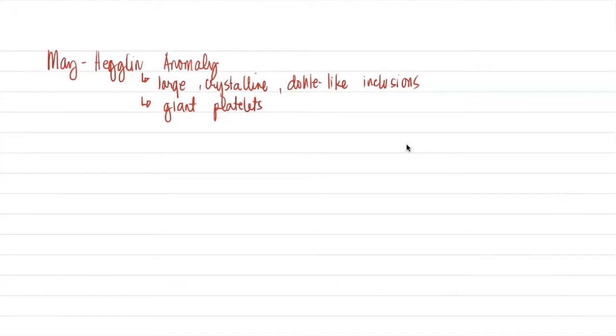So because the platelets here are giant, they are no longer counted as platelets, and we expect the platelet count to be decreased. These platelets are also not functioning well, so bleeding is also a characteristic of May-Hegglin anomaly. This condition is due to the MYH9 gene mutation.